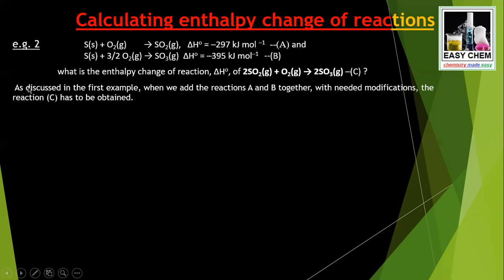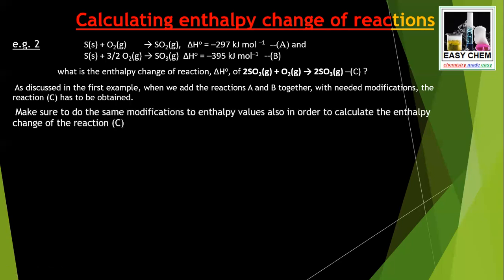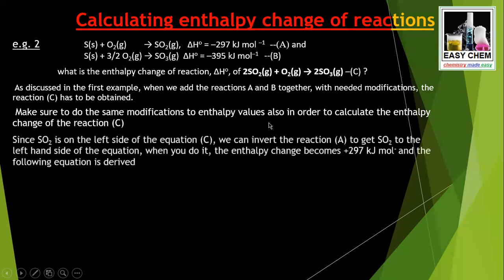So according to the discussion we had with the first calculation, when we add the reaction A and B together, of course with needed modification, the reaction C has to be obtained. We'll see whether we can do it. Make sure to do the same modification to enthalpy values also in order to calculate the enthalpy change of the reaction C.